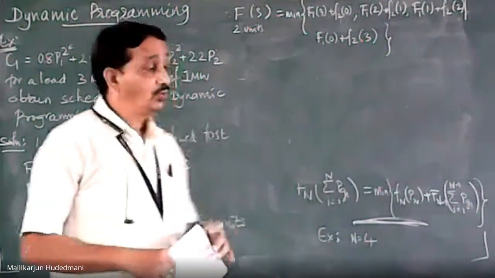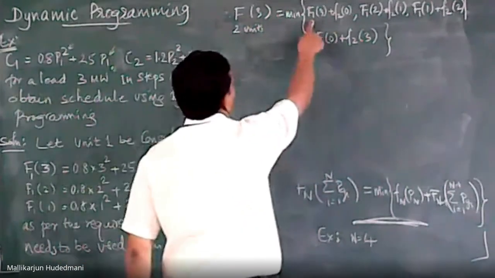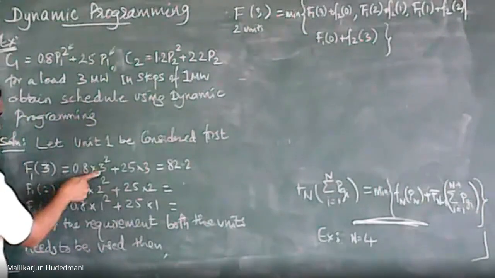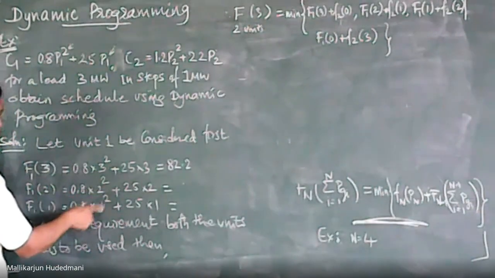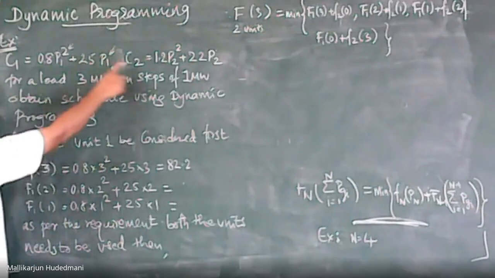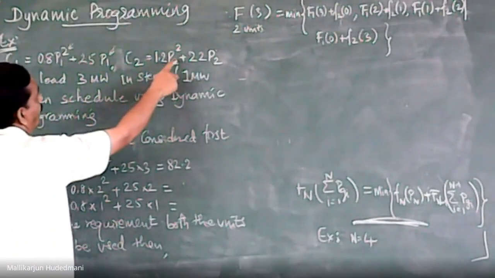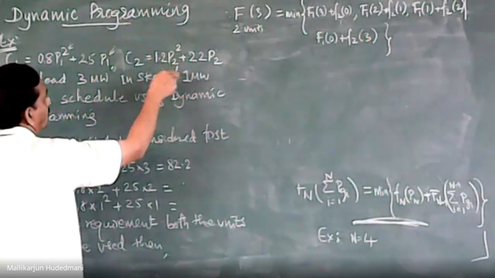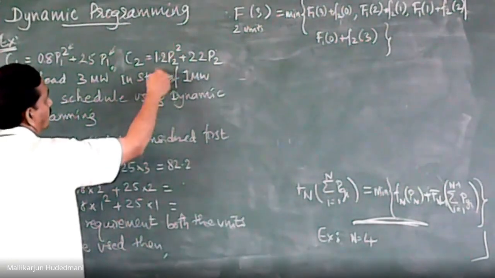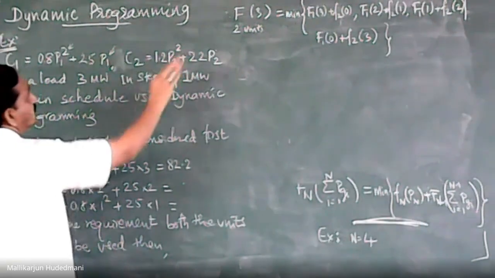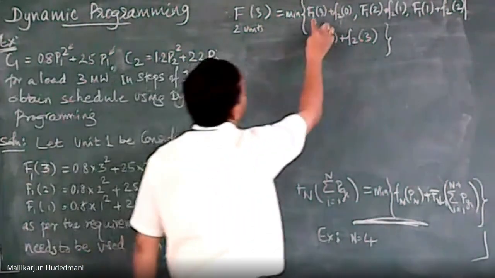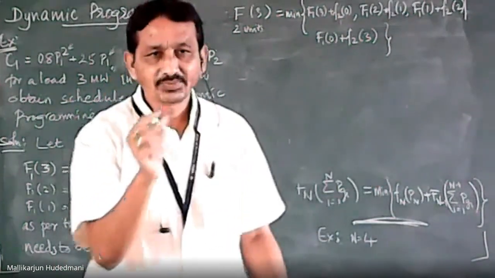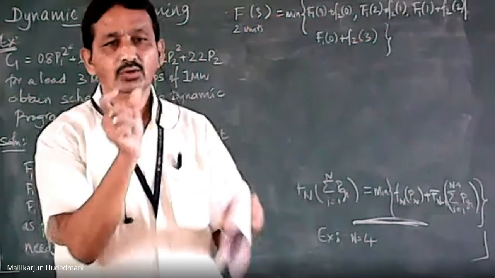But here, one of the machines you took as your initial decision, on which you kept changing the production, like this: 3 megawatt, 2 megawatt, 1 megawatt, etc. Likewise, when I consider machine 2, I should calculate for 1 megawatt how much is the production cost, for 2 megawatt what is the production cost, for 3 megawatt what is the production cost. For 0, definitely it goes 0. Those things I have to enter in the respective positions. When I place them, I numerically find the conclusive value.